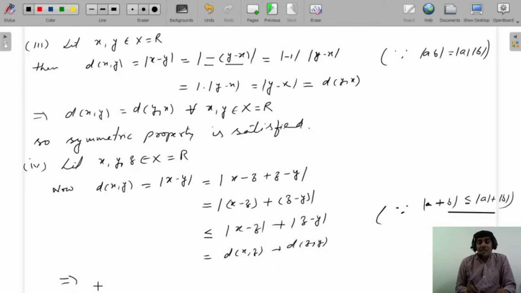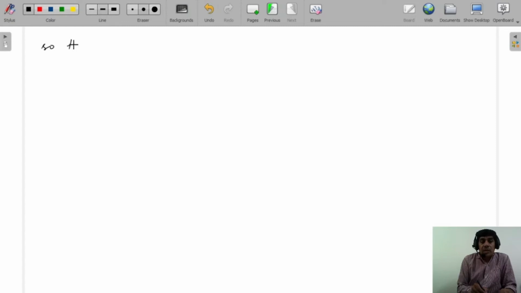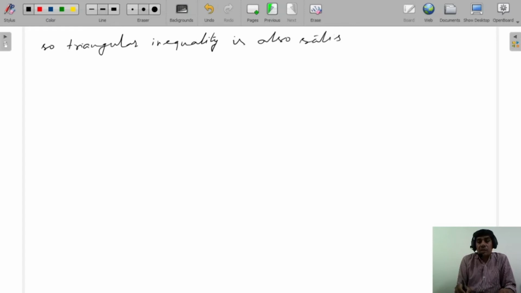This implies d(x,y) is less than or equal to d(x,z) plus d(z,y). So the triangular inequality is also satisfied.